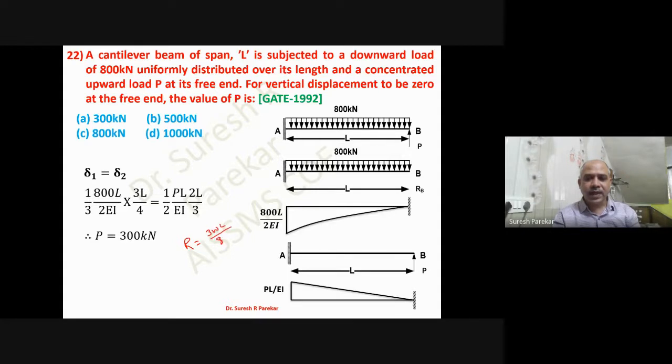Here you can see you have 3WL, you have been given 800, and that is upon 8. So we are going to get that value, equal to 300 kilonewtons. So P is 300 kilonewtons. So answer is A, not C. So this is answer A.